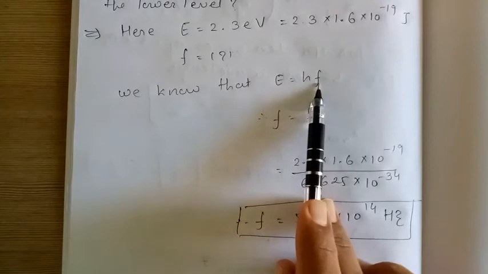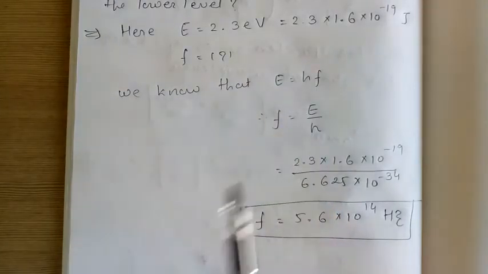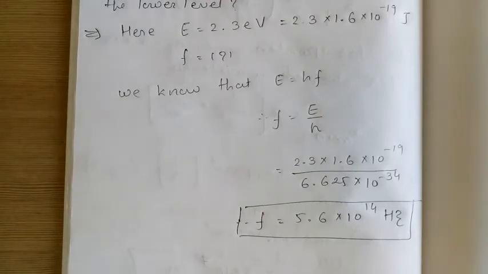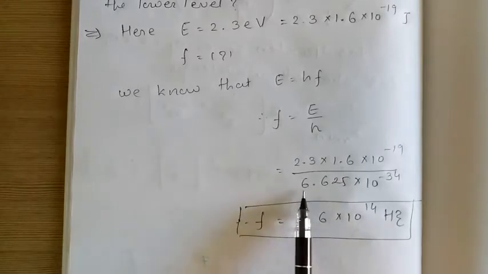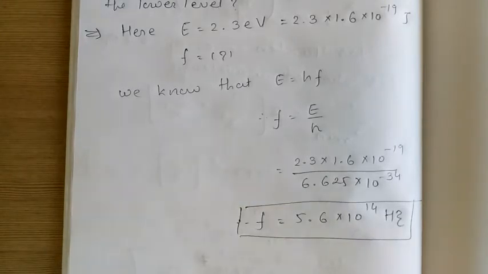We have to find out F, so F is equals to E by H. Value of E is 2.3 eV, so we have to convert electron volt into joule. So 2.3 into 1.6 into 10 raised to minus 19 divided by H, that is 6.625 into 10 raised to minus 34. So we get frequency F is equals to 5.6 into 10 raised to 14 Hertz.